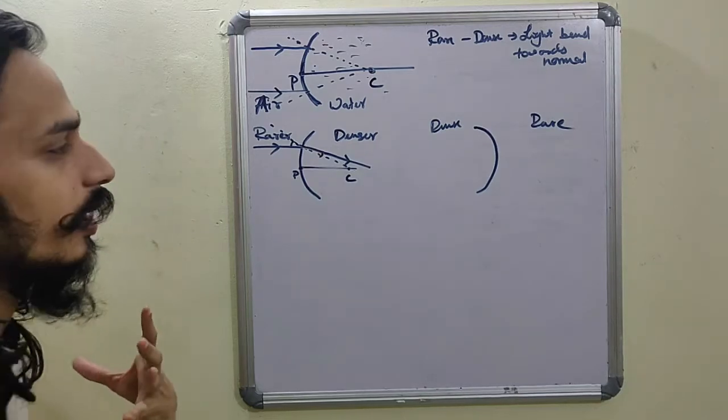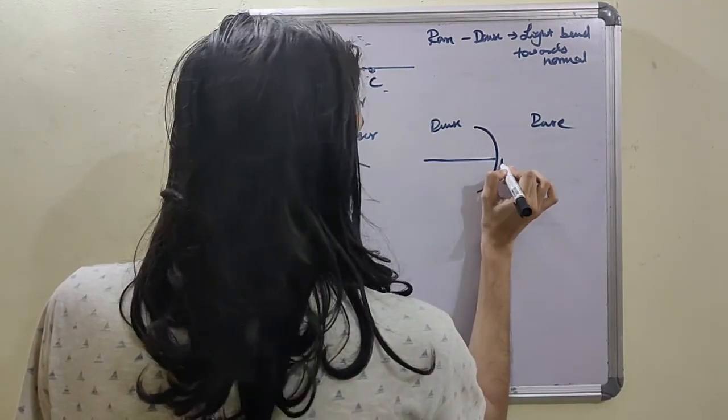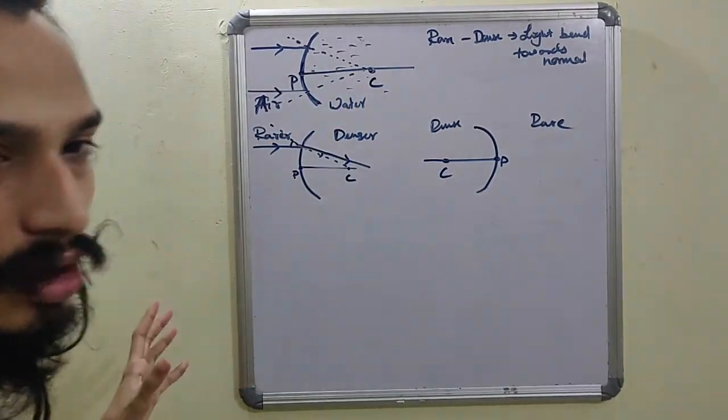Now what's going to happen to the light over here? And again I'll assume pole is here, C is over here.